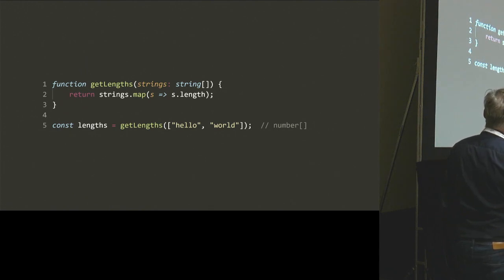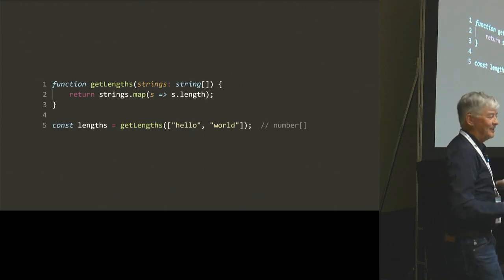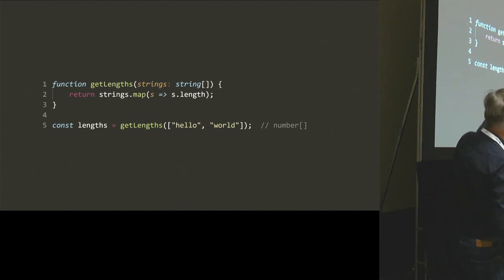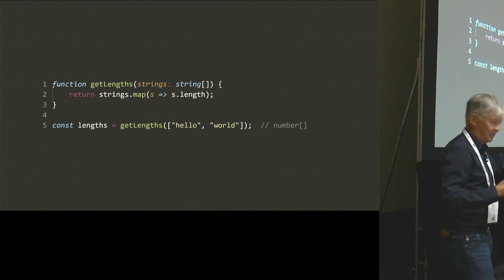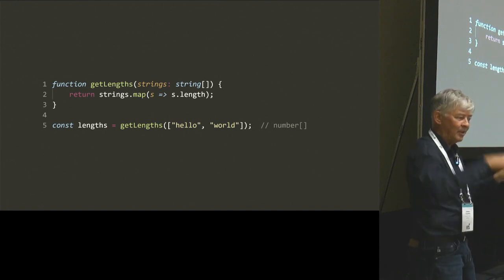And because strings is of type string array, then we know that there's a map function, and we know that map takes a function, and we can type the s accordingly to be a string, and that means in turn that we can figure out that s.length is a number, and that means that we know the map returns a number array, and that means we know getLength returns a number array, and that means we can infer that length is of type number array. So the types can flow throughout.